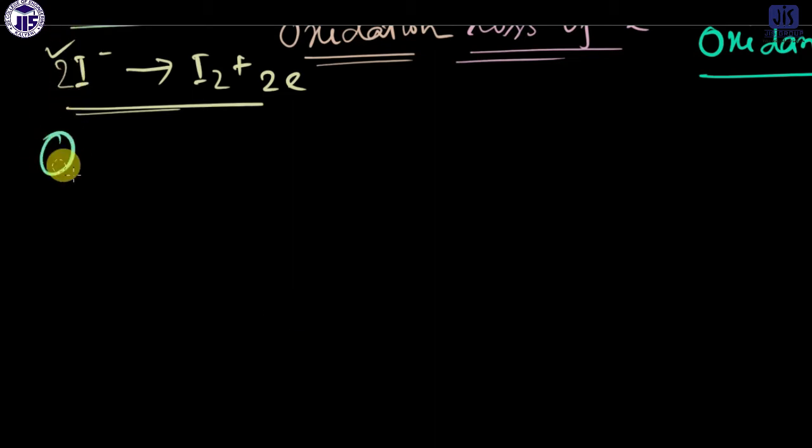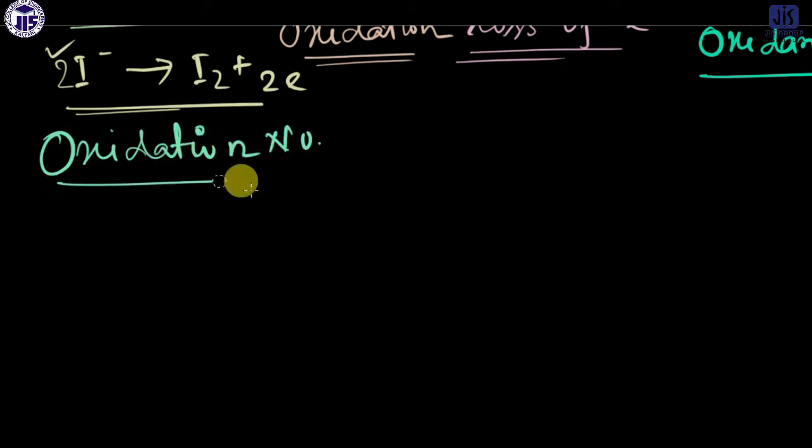So what is the oxidation number? Literally, we can define that the oxidation number of an element in a compound is a definite number which indicates the extent of oxidation or reduction to convert an atom of the element from its free state to its bonded state in the compound.